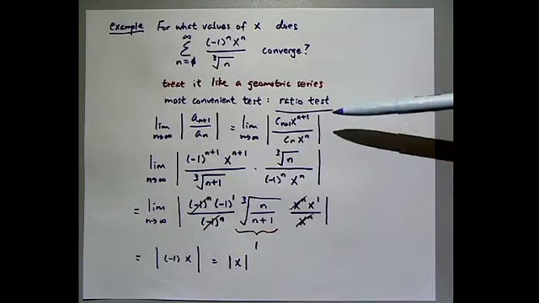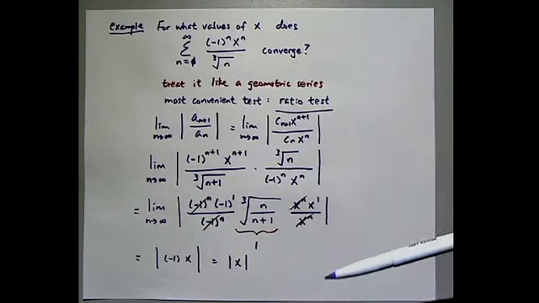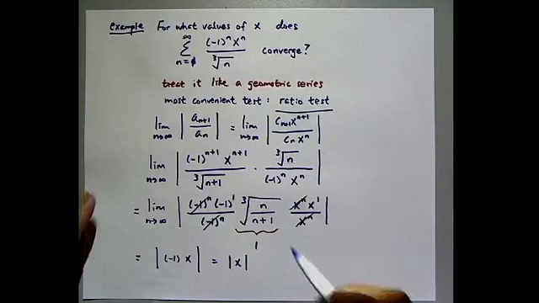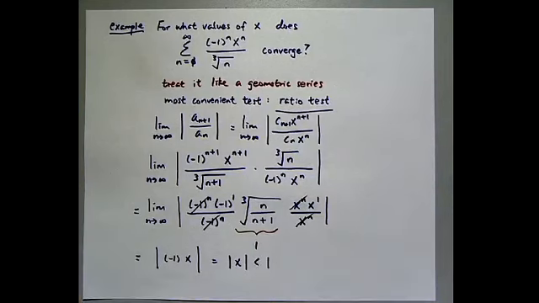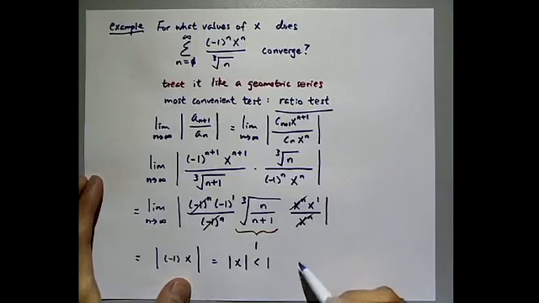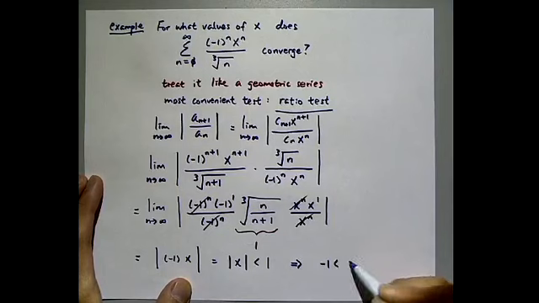All right? And how do we make sure this converges? Strictly less than 1. Good. So now that's telling us that x is between minus 1 and 1.